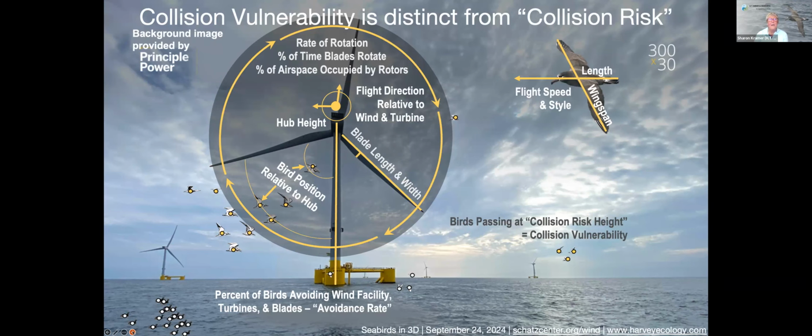Or is it the micro scale, where they realize that there's something coming at them within tens of meters or less of the turbine blades, and then they avoid it? So this behavioral piece is really critical, and this is what we probably have the least amount of information on. So with that, just to give background, I'm going to kick it back to Stephanie and let her talk more specifically about the model and all the work that went into it with our team. Thanks.